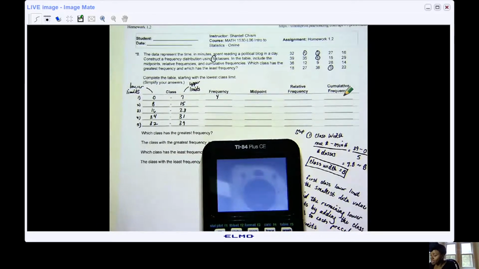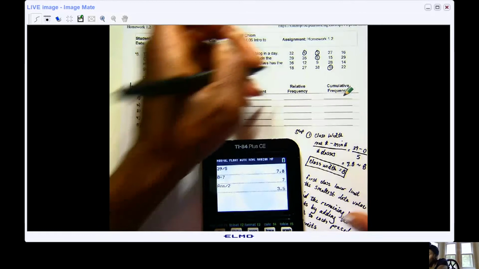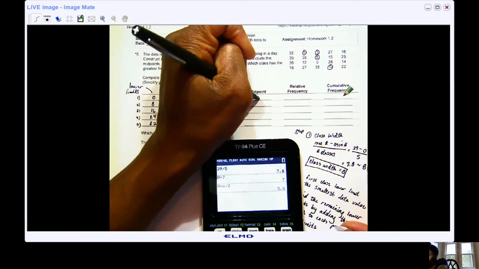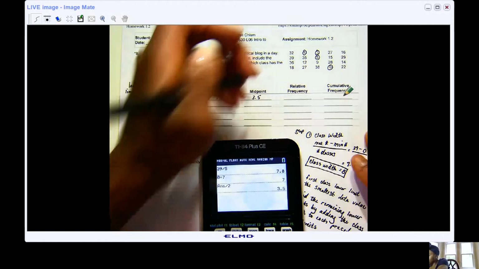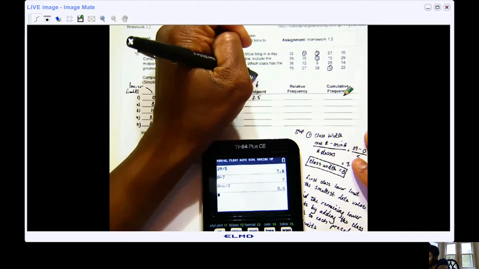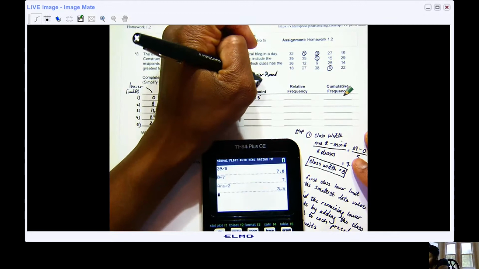So we say 0 plus 7 divided by 2, we get 3.5. Never round the midpoint. Keep that 0.5. If it ends up being 0.5, you keep it. If it ends up being a whole number, then it's a whole number. But you never round the midpoint.